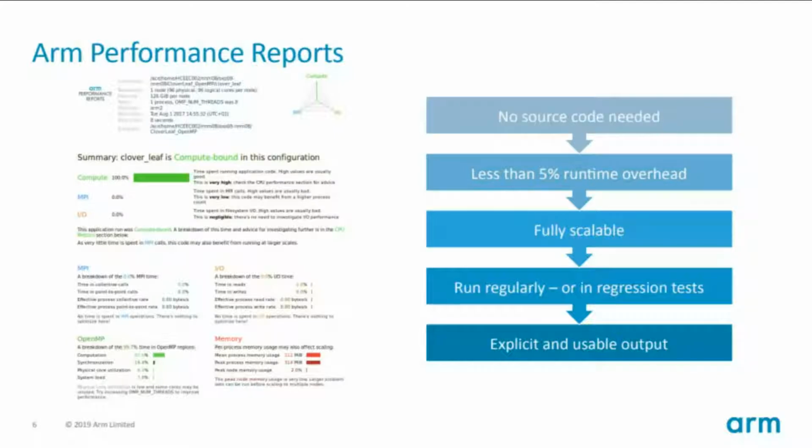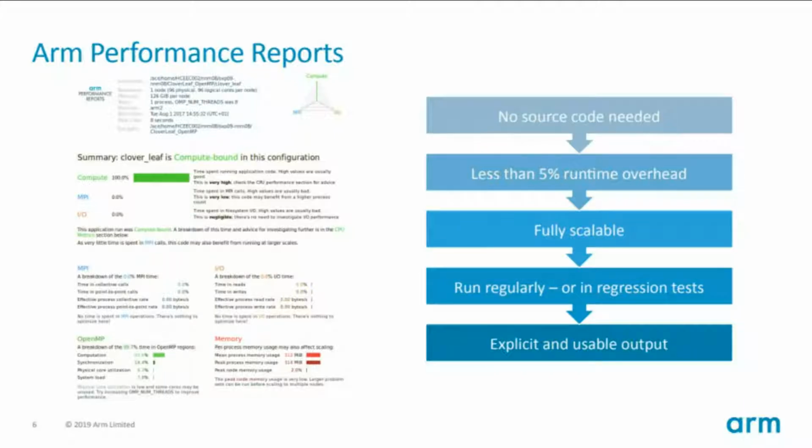If you're using a GPU, it'd break that down into both time on the device and time on the host, time spent in MPI and time spent in I/O, and then a little bit of breakdown below that. And one thing we can do in performance reports, which we can't really do in a source code profiler, is from the shape of these different bar charts, we can apply some heuristics and give some subjective advice of what might be improved.